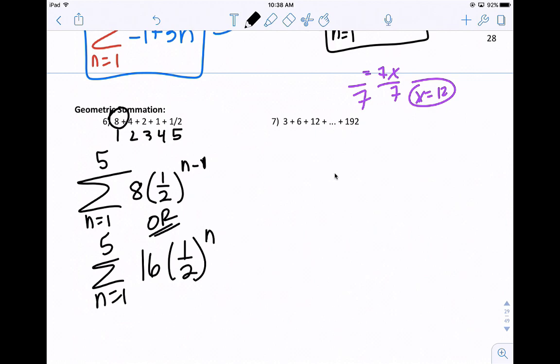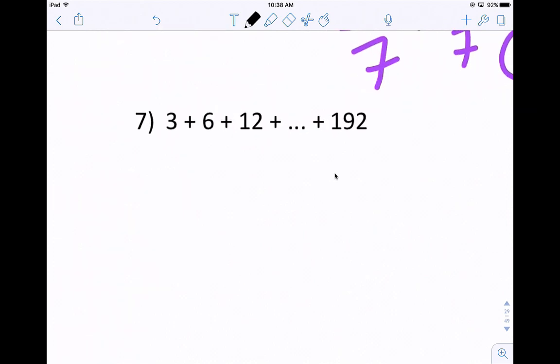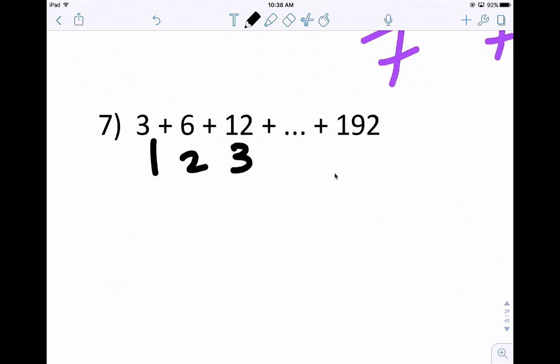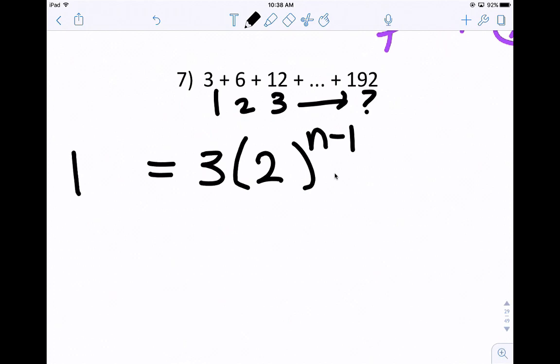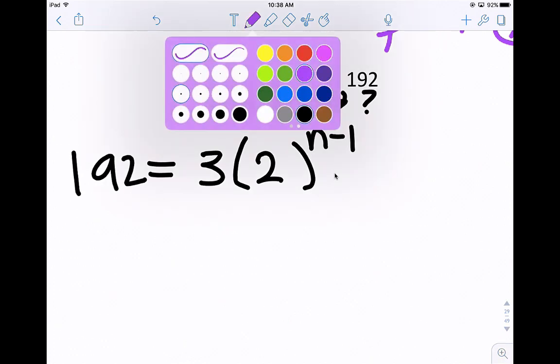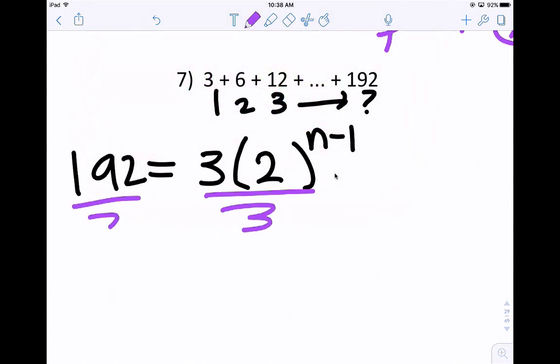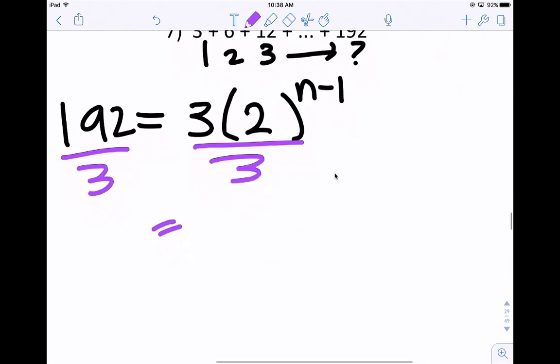Okay, last one, and then I have you practice this. All right, so again, we have our first term, second term, third term. Uh-oh, what term do we have here? Let's write the rule. So here we start, 3 is the first term. It's doubling every time. So here's the explicit rule, but we want to know what makes this 192. So if you remember from last chapter, we would divide this by 3. 192 divided by 3 is 64.